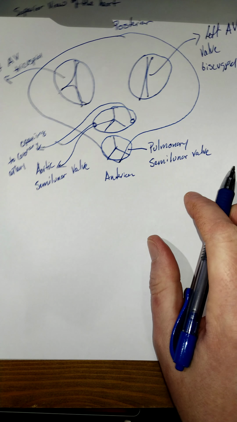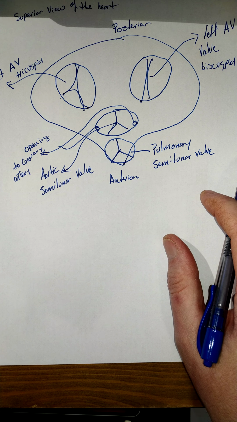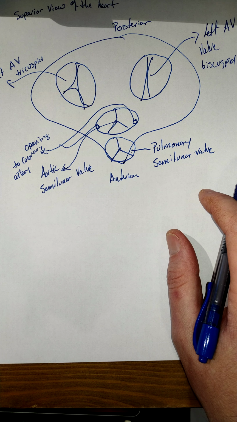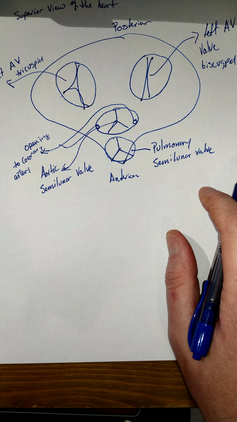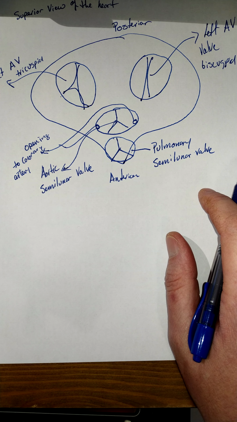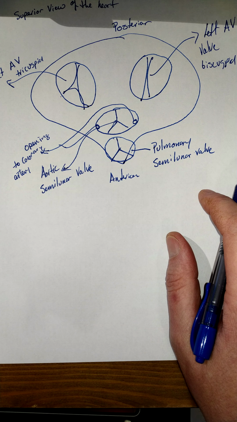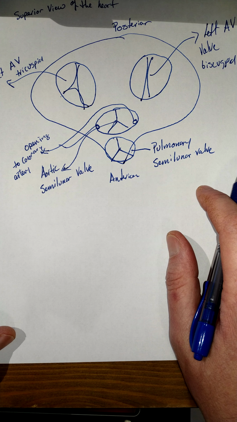And since we're here, let's just talk about the flow, the path of blood flow through the entire circulatory system. We did that a little bit a few videos ago, but let's just break it down into a simpler way of doing it.